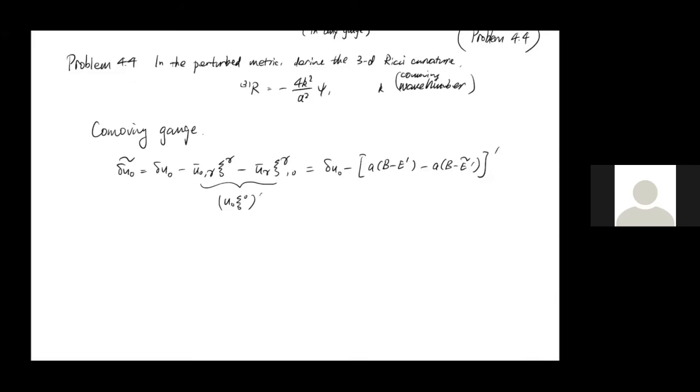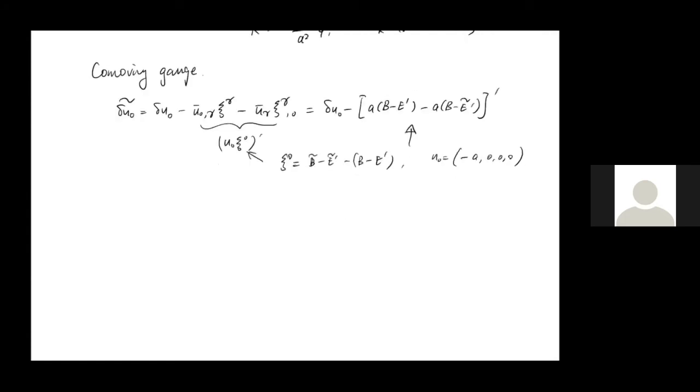And you substitute the result that cosine naught is B tilde over E tilde minus B minus E. And U naught is... so by the same trick, you move all of the tilde coordinates to the left.